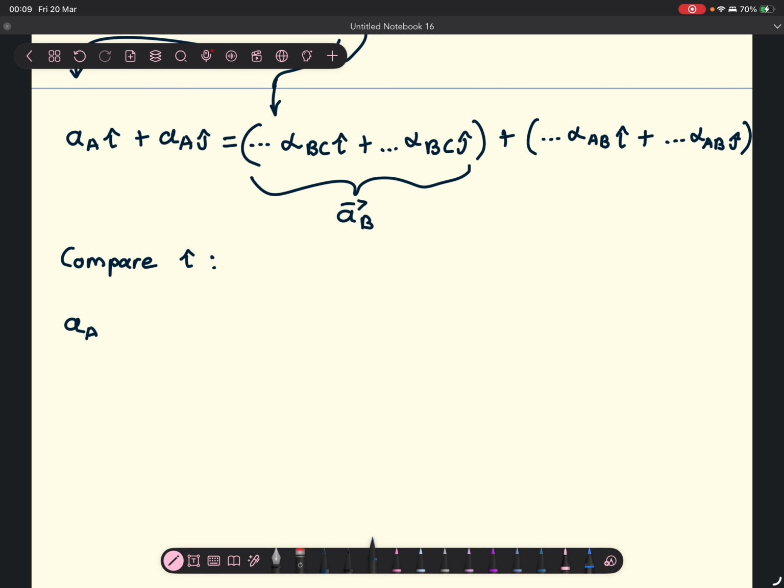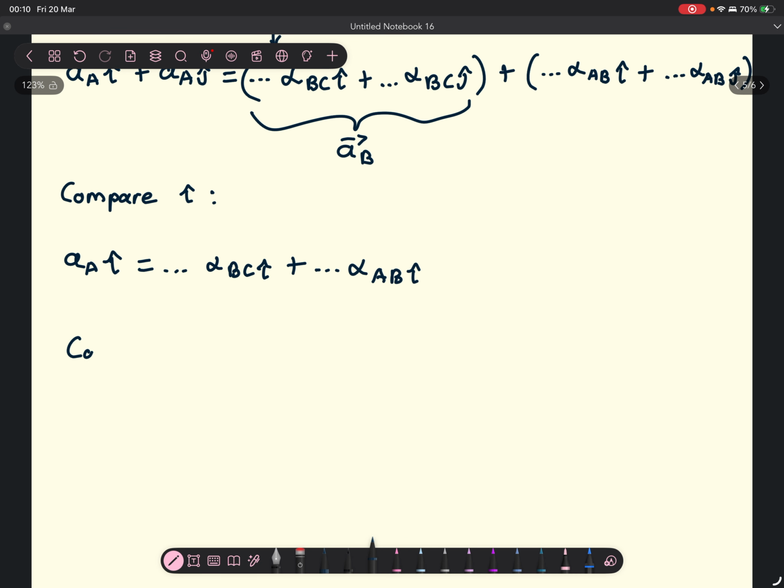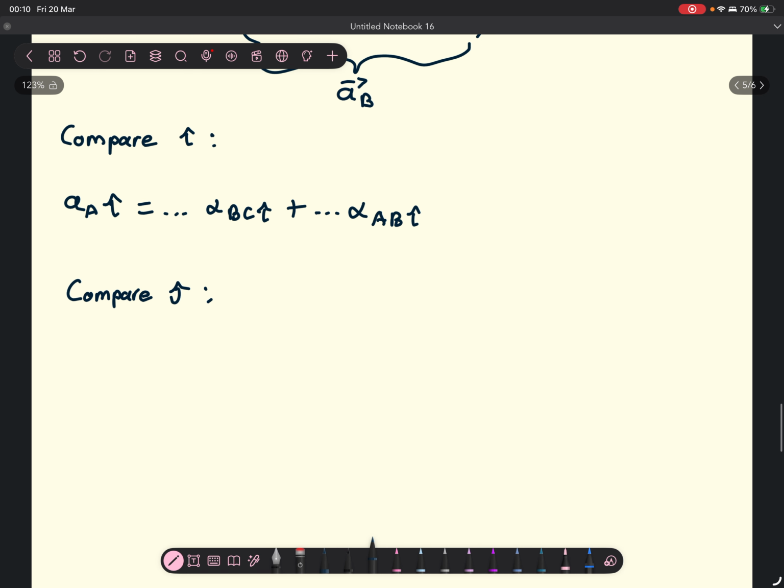So the acceleration of A in the I hat is equal to blah blah blah alpha BC in the I hat plus blah blah blah alpha AB in the I hat as well. Then for all your J terms, you'll get the acceleration of A in J hat is equal to blah blah blah alpha BC J hat plus blah blah blah alpha AB J hat.